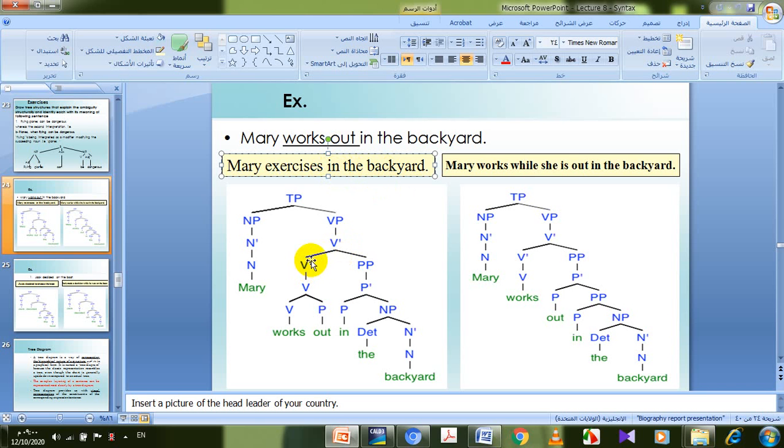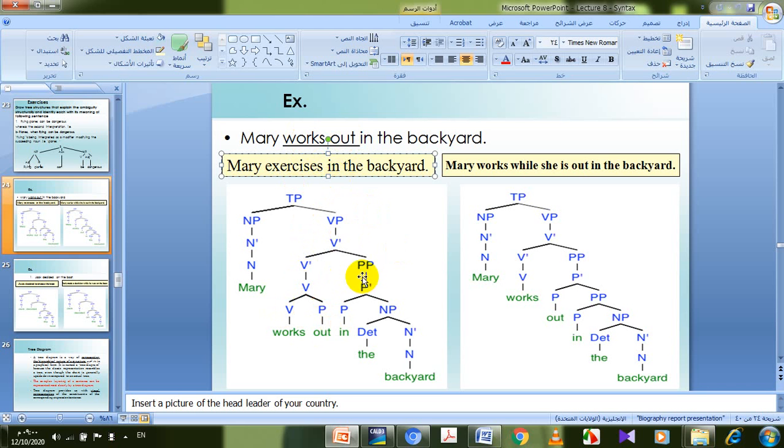The verb here is work out, a verb plus a preposition. Works out has two divisions: the verb works and the preposition out.